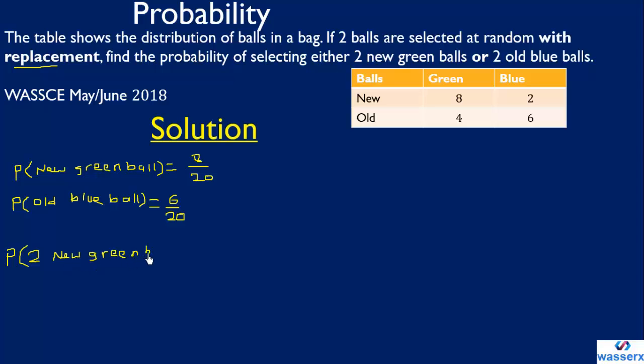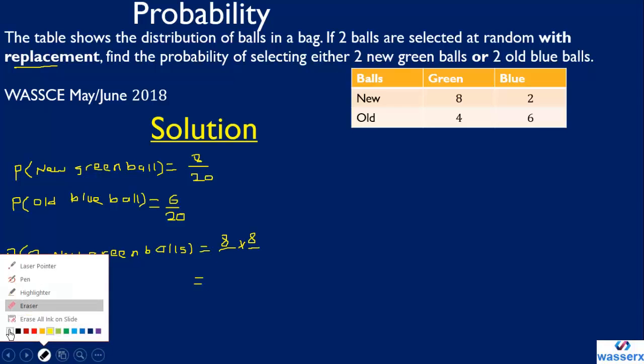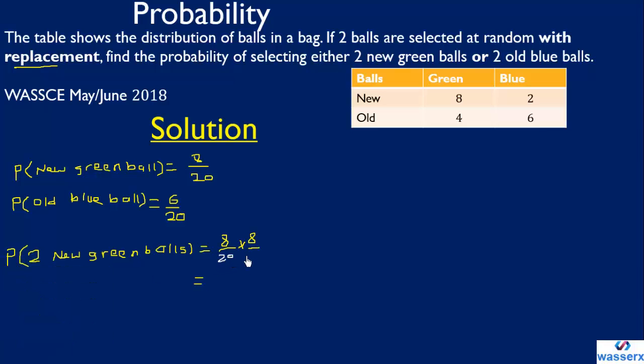So the probability of two new green balls is equal to, the first one is new green and the second one is new green, which will give us 8 over 12 times 8 over 12. Sorry, it's rather supposed to be 8 over 20. So 8 over 20 times 8 over 20. So this gives us 2 over 5 times 2 over 5.